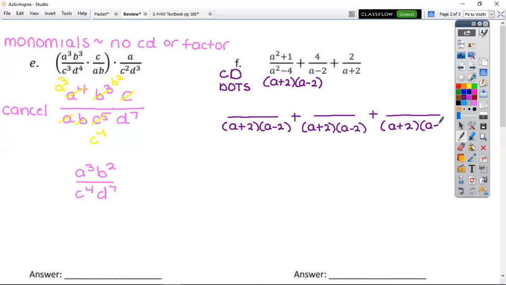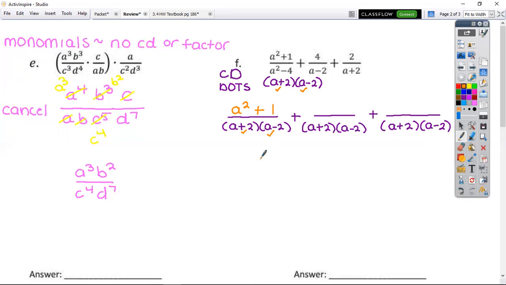Is this the type where we can get rid of the denominator? No, very good. This is not an equation. There's no equal sign, so you can't cross that off. So now I look and see if we've got everything we need. So this first fraction has a plus 2 and it has a minus 2, meaning you don't have to multiply it by anything, and you simply recopy your a squared plus 1.